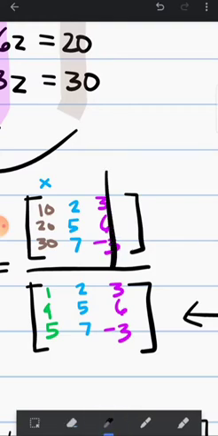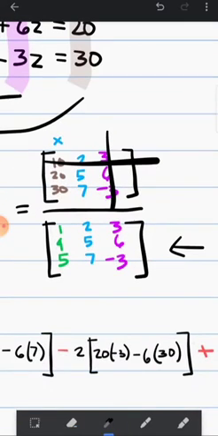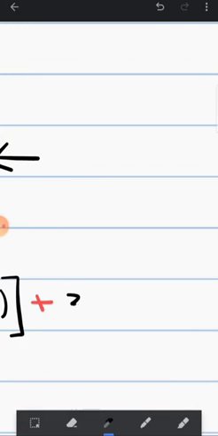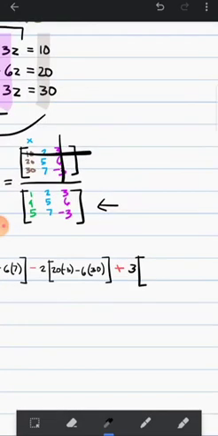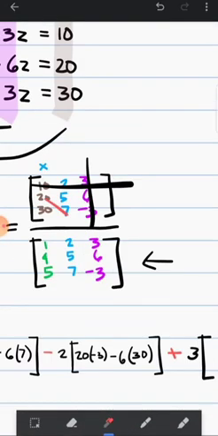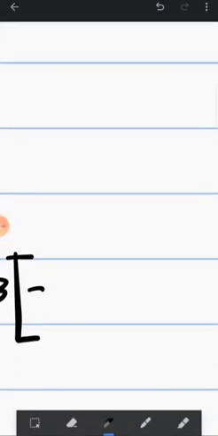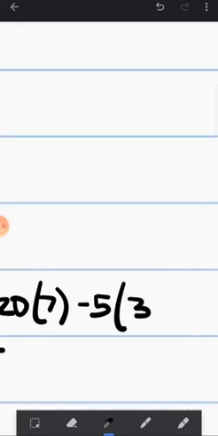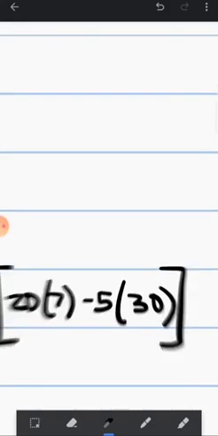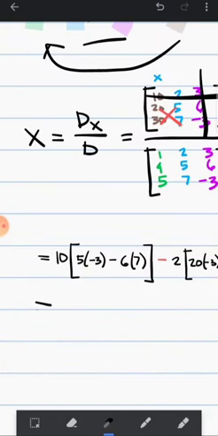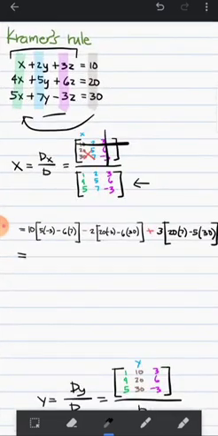And then put 3 times this one, 20 times 7 minus 5 times 30. Then simplifying this one, it gives us the dx.